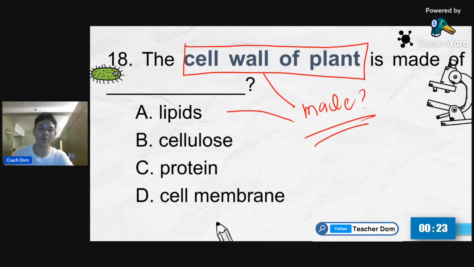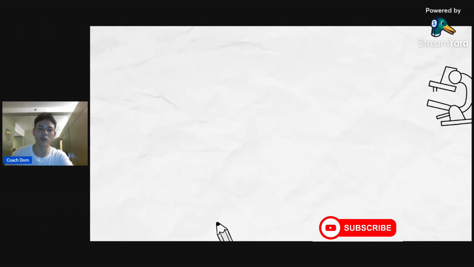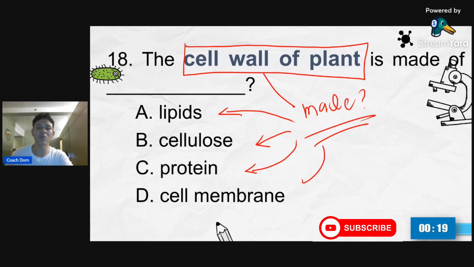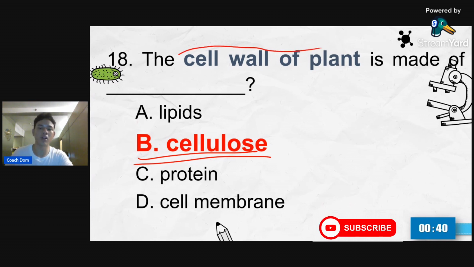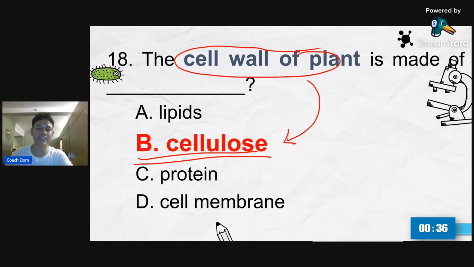Is it made from lipids, cellulose, protein, or cell membrane? Correct answer po natin dito, guys, that is letter B, cellulose. Take note, plant cell walls are primarily made of cellulose, which is the most abundant macromolecule on Earth.